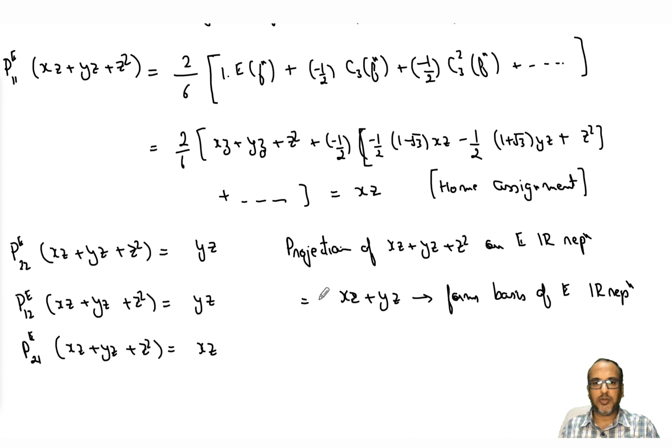Okay, so out of a given function, what we have achieved here is we have achieved the part which is relevant for E representation, and rest of the part is basically neglected. So when we take this projection, what we get is this, and we know that now this thing will form the basis of E representation, right? So that is the job of a projection operator.